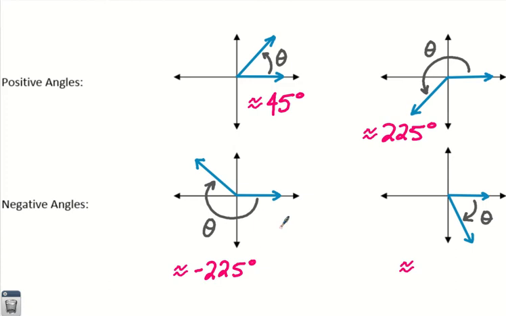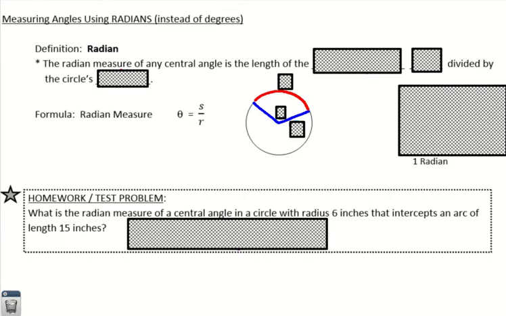Feel free to write something a little bit different. I don't care. And this guy over here, eyeballing that, we're certainly going more than negative 45. We're definitely not going all the way to negative 90. I don't know, just to say something, let's just say negative 65 degrees. If you disagree, whatever. Moving on.